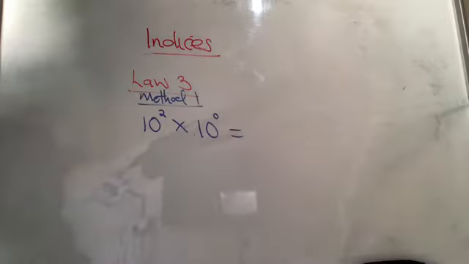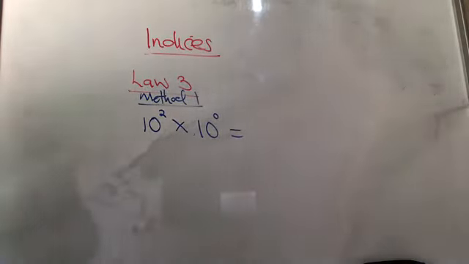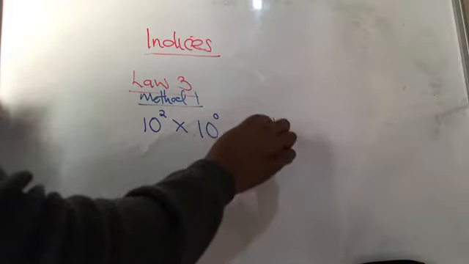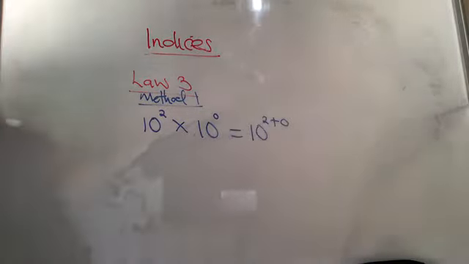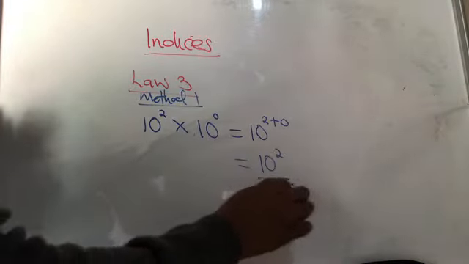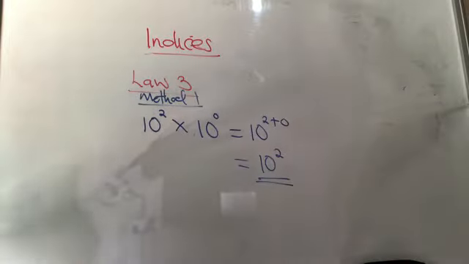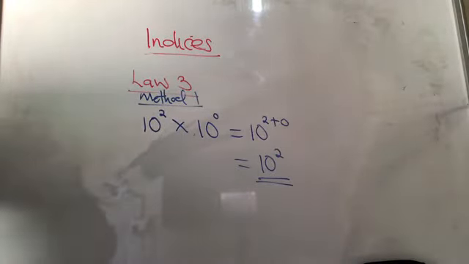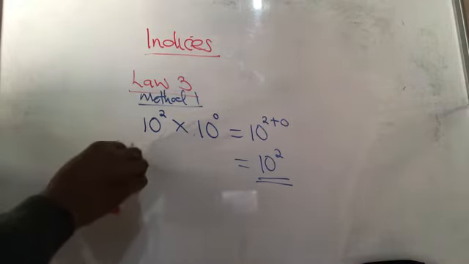We can use law number 1 by saying 10 to the power of 2 plus 0, because we are adding the powers of numbers of the same base, and we end with 10 squared. We can also choose to move with a different path, and I'm going to call that path method 2.